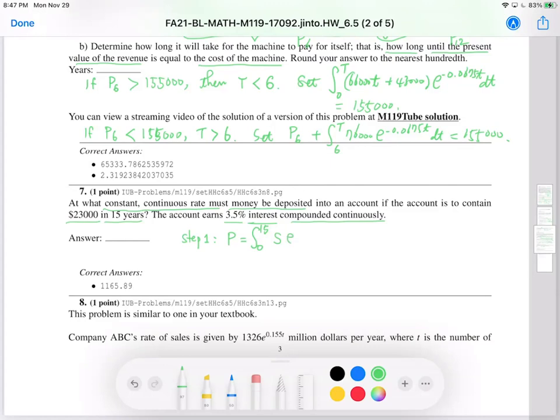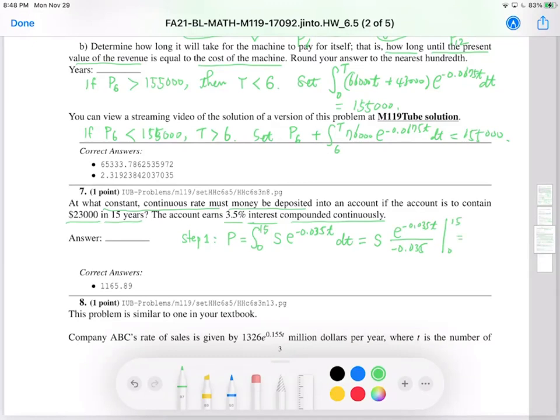S times e to the negative 0.035 t dt. So let's compute this one. Okay, S times the antiderivative of this exponential function, the denominator is negative 0.035 and e to the negative 0.035 t from 0 to 15.